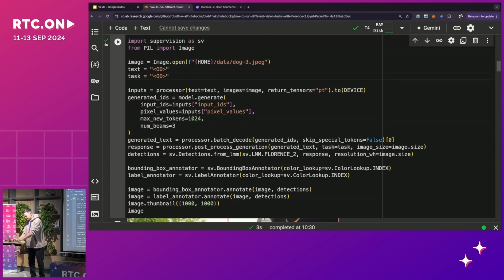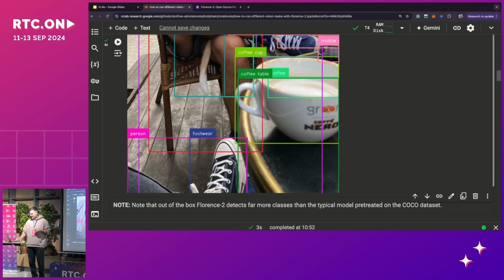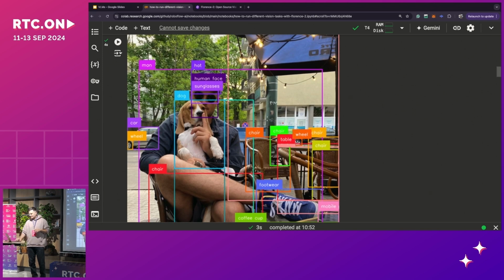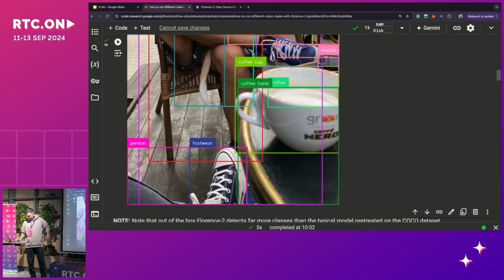And when I run it on the image, once again an image of me and my dog, that's a common theme in all my demos, you can detect a lot of things out of the box without any training. A lot more than typical computer vision models, because they are based on COCO and only detect about 80 classes. Here we have more classes. We have the wheel of the car, we have a human face, we have footwear, we have all sorts of different things over here.